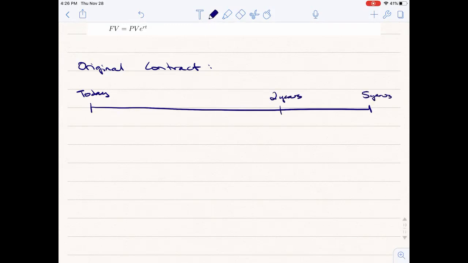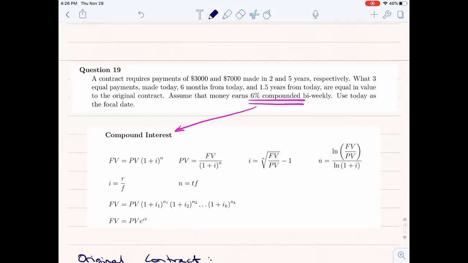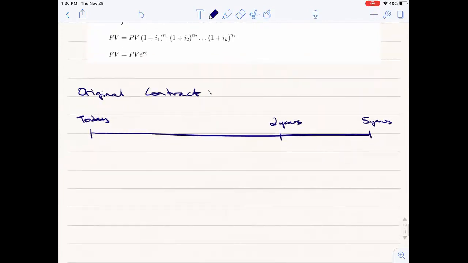The only reason that I scooched the 2 years over is because my new payments are today, 6 months from today and 1.5 years from today. So those are all going to happen before the 2 year mark. It would be fine if you didn't catch on to that, but you could evenly space them out.